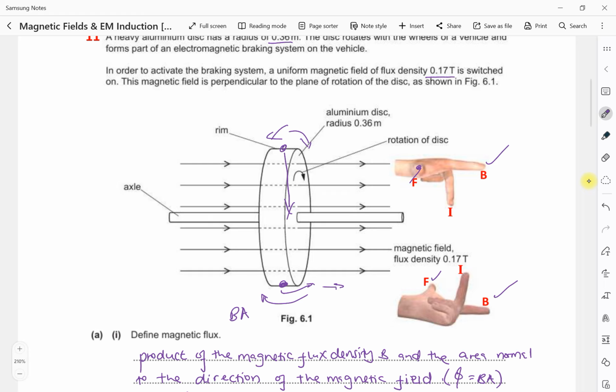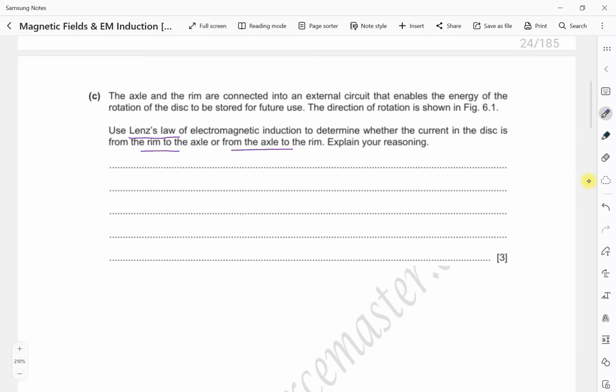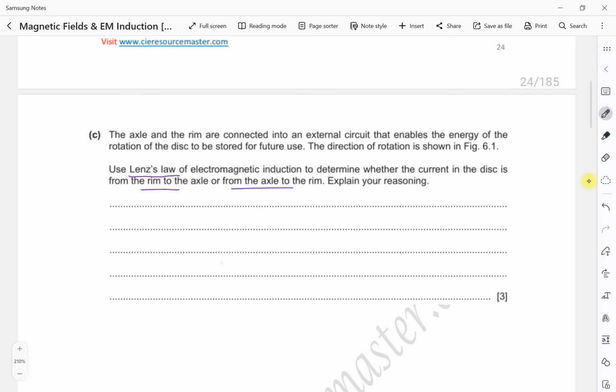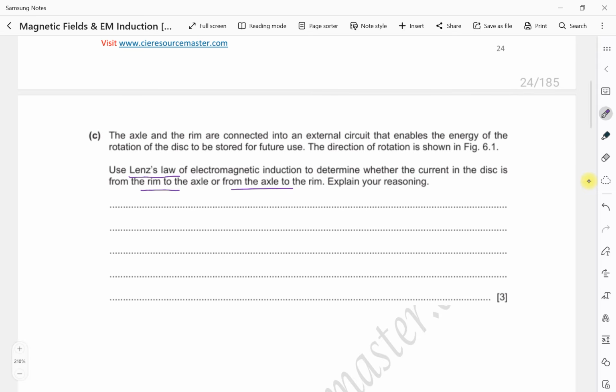And if we do that, the first finger in this direction, the second finger is again going to point towards the center, that is towards the axle. So the second finger is always pointing towards the axle, which indicates that the current is going to be flowing towards the axle.